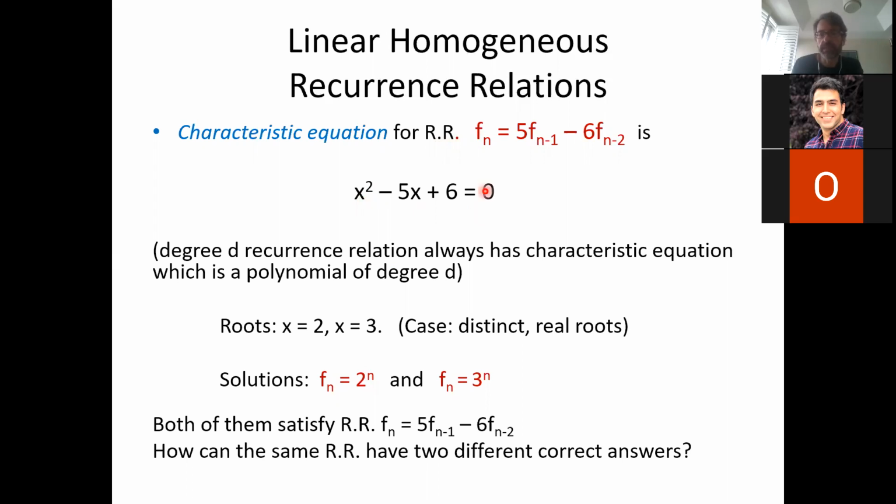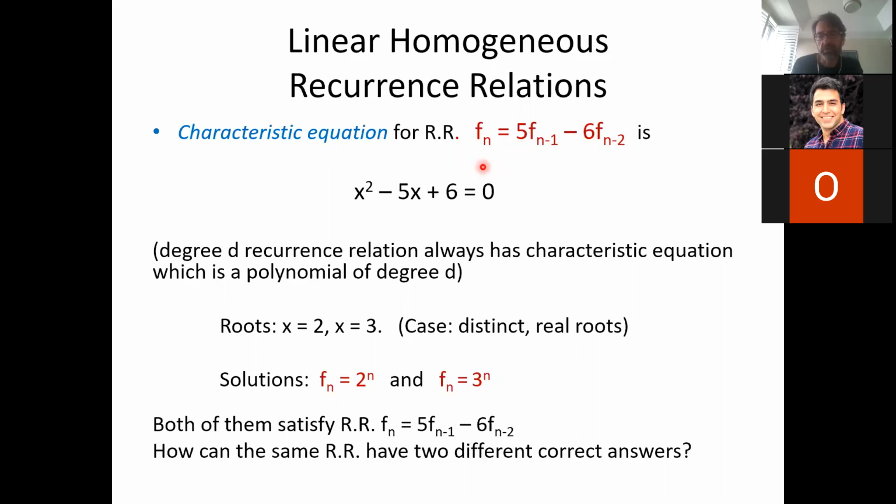Once you see how this works, if you see a homogeneous linear recurrence relation, you stick x to the n into these terms, and if you divide all sides by x to the smallest common power, this falls out.